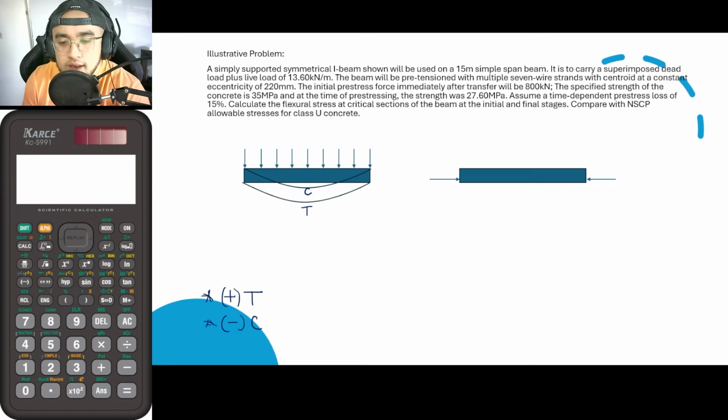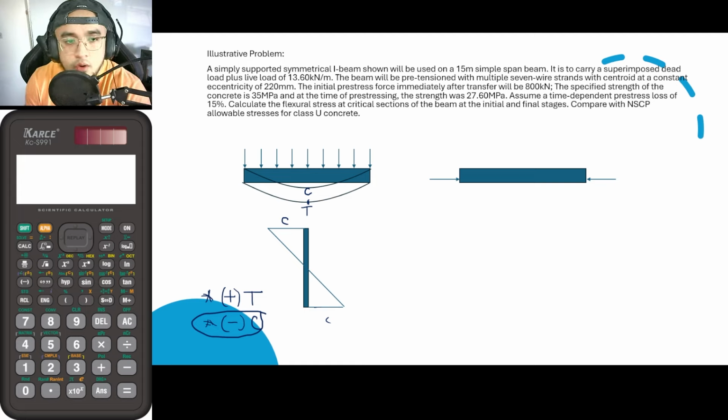So proceeding, guys, if I am now to draw the stress diagram, once again, the top portion would be under compression and the lower portion would be in tension. So this is the stress diagram. Since compression would be negative, I will be plotting it to the left. So this is for compression. And for tension, since it is positive, I will be plotting it to the right. Okay, so that is for the beam action.